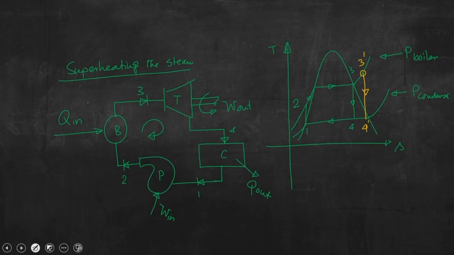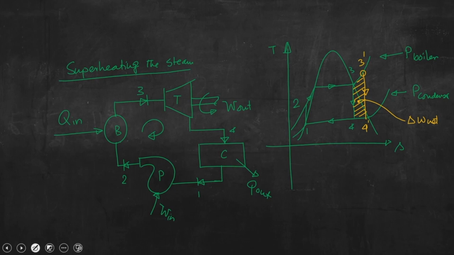So, you can see that if we allow steam to be superheated beyond point 3, this is the additional net work we are going to get. So, this is delta W net, I am writing in the specific form.